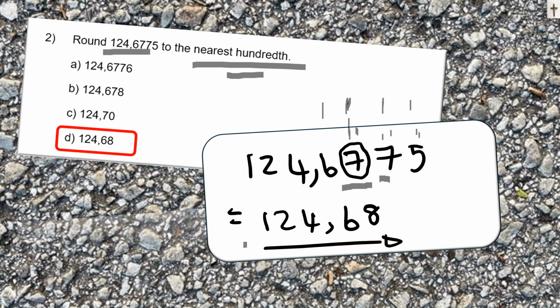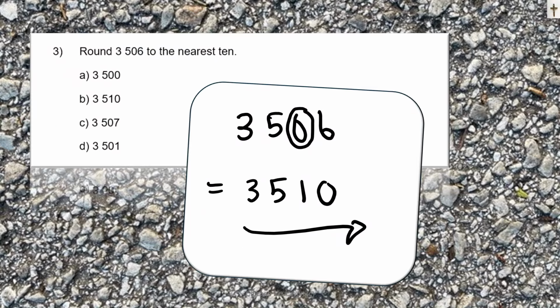This one, 6 is tenths, then we've got hundredths, then thousandths, and then ten-thousandths. You need to know that. It is in your notes. It's the first section. They show you which unit represents what, which number represents which unit. So this one is 124.68 when rounded to the nearest hundredth.